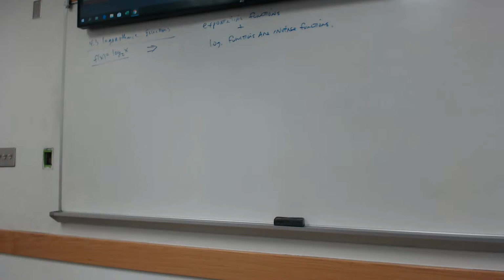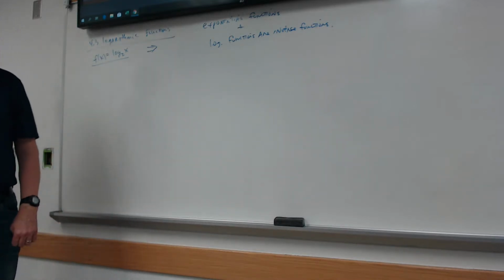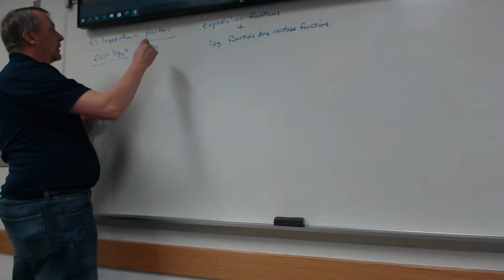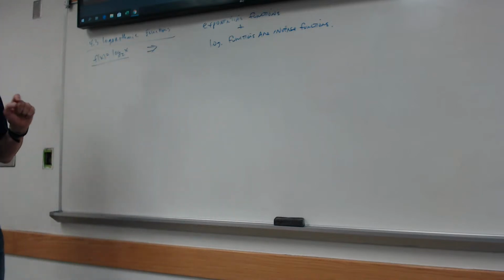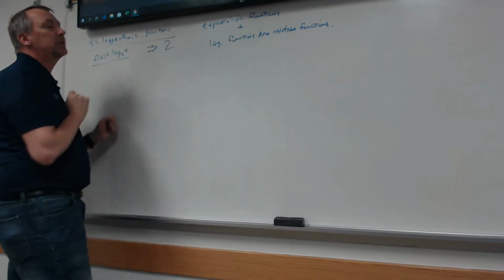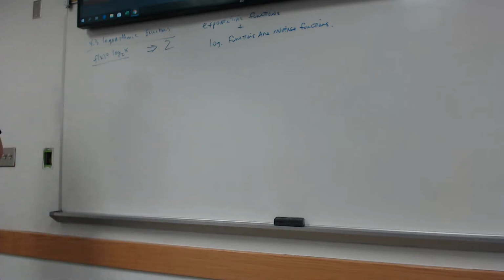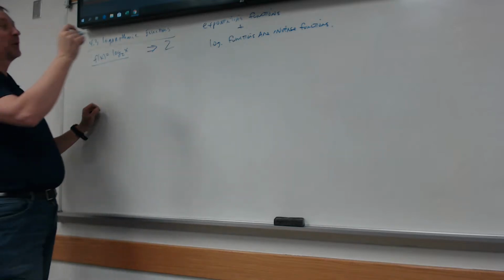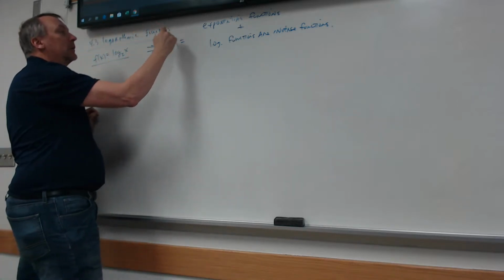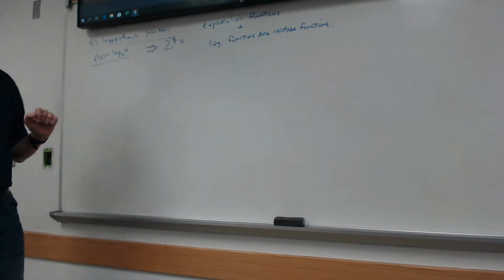How do you know how to do that? Not as a fraction. So your base is 2. So we're going to use that as our base, right? It's actually 2 to the y equals x, okay?